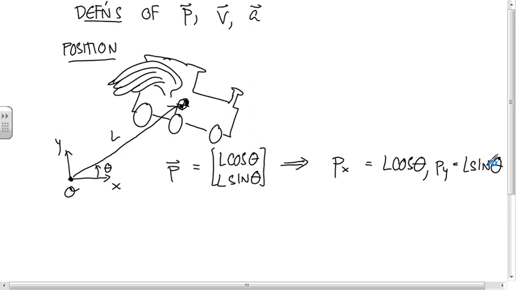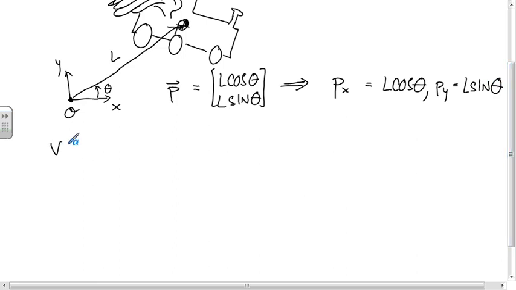And then remember, based on the position, we defined the velocity in 1D, and I'm going to do the same thing here. Do you remember what the steps were for defining the velocity? First, I defined a type of velocity that we never really ended up using very much. What was that?